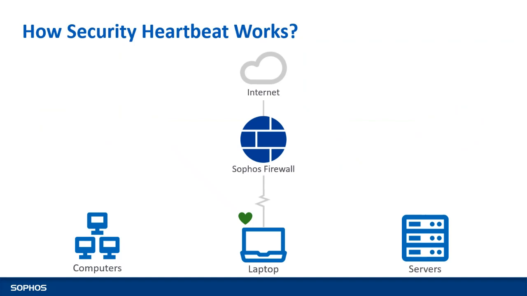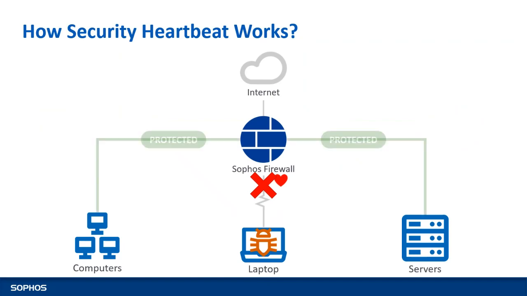When malware is detected on your computer, the security heartbeat will send an alert, okay, event information, and its new health status to Sophos Firewall. Sophos Firewall can prevent the compromised computers from connecting to other computers or servers, protecting them from potential infections.